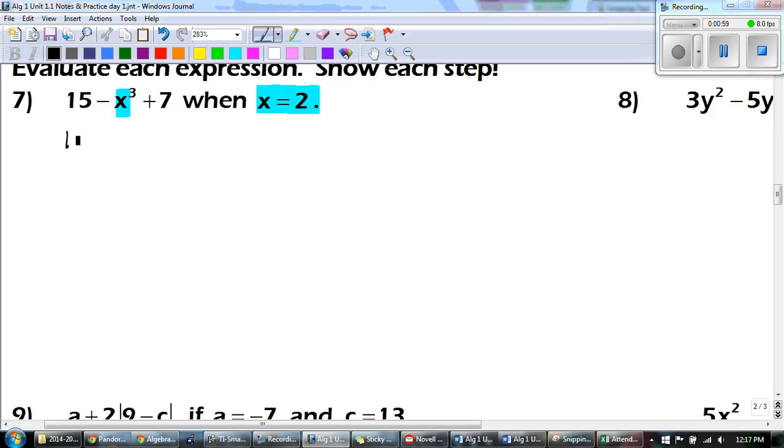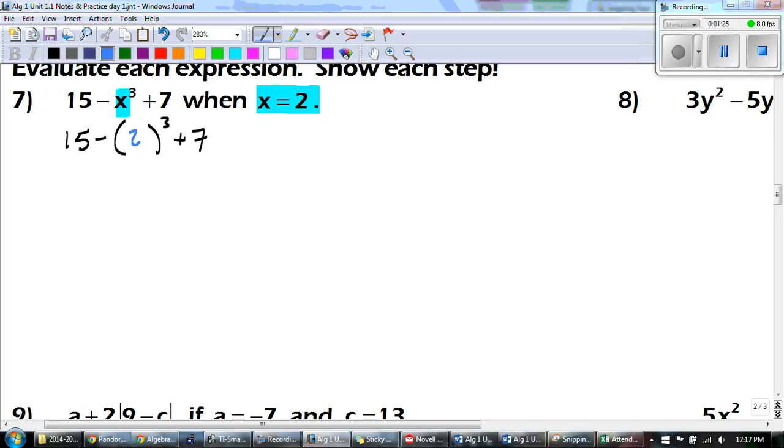Every time that we plug in, remember, we have to use parentheses. Why? Well, it helps keep track of negative signs and operations. Okay, if there's a number in front of it, like you'll see in number 8, that means to do something completely different. Okay, so let's go ahead and get started.